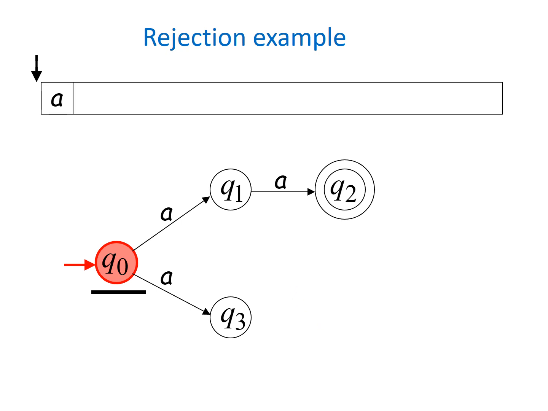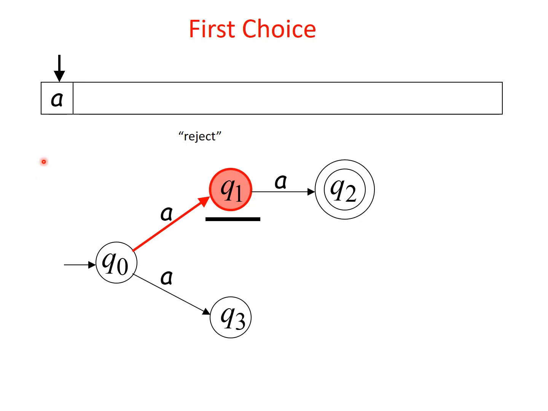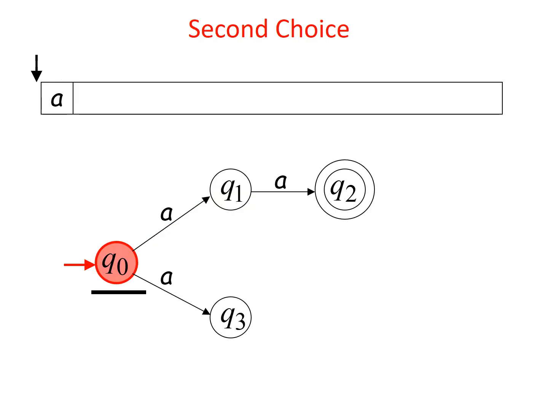Let us take another example on rejection. We have 1 A. It will read the 1 A and reach the q1, but there is no input in the input buffer. At the moment you are in q1, q1 is not an accepting or final state, so it is rejected.